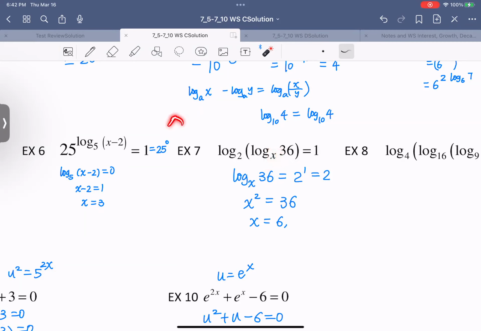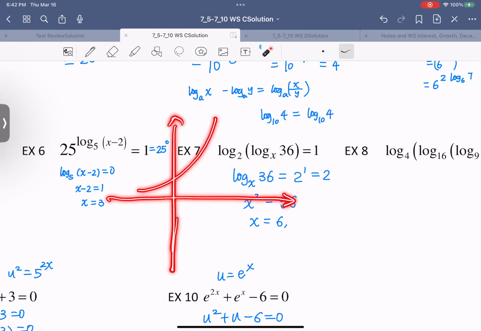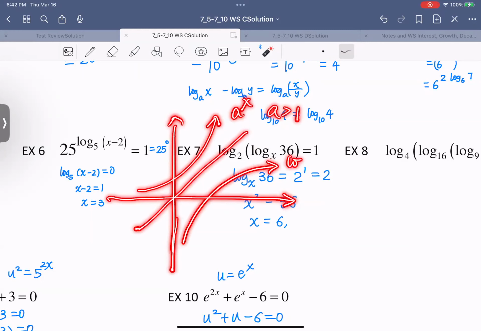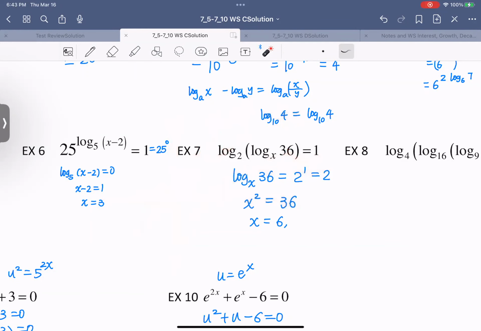When we draw the logarithm, remember, this is exponential growth. This is a to the power x when a is greater than 1. This guy, not reciprocal, inverse function is this. This is log base a of x. Okay? Your x has to always be positive. Your a has to always be positive. So x is 6. Make sense?